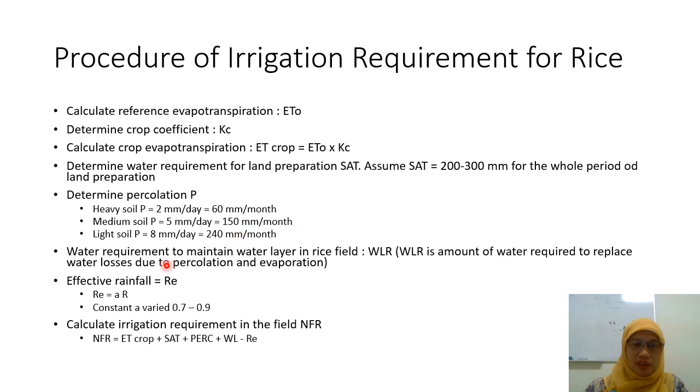And next, we determine the water requirement to maintain water layer in rice field. Because in rice field, we have to maintain a certain depth of water. So if it evaporates or percolates, then we supply water to make the water level go back to the previous level.